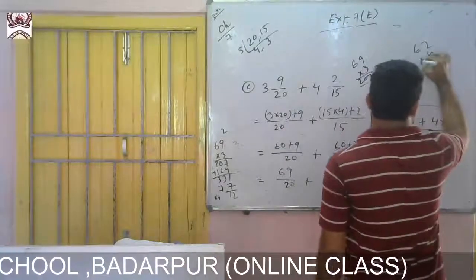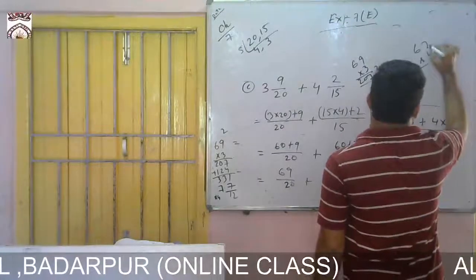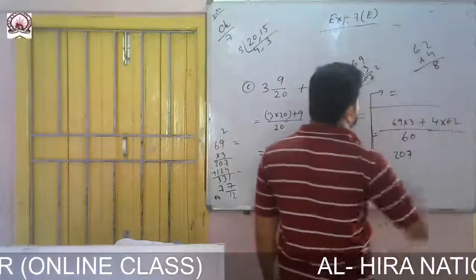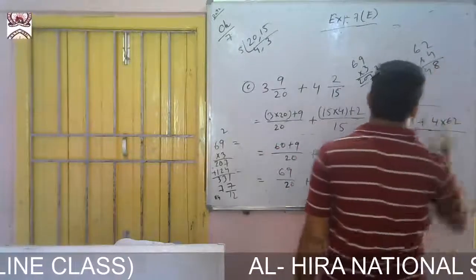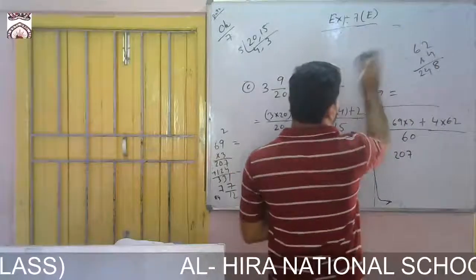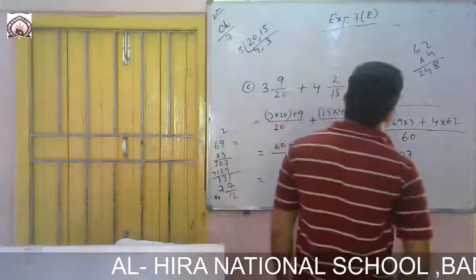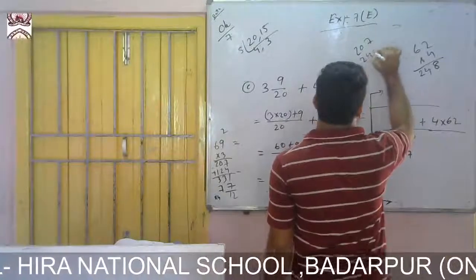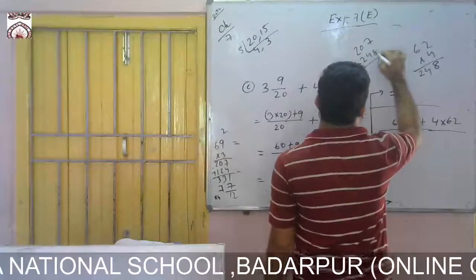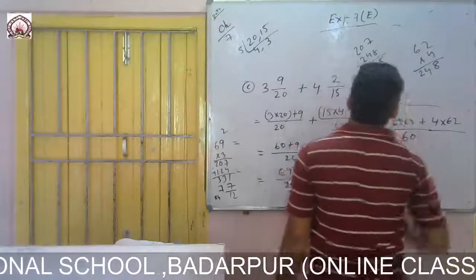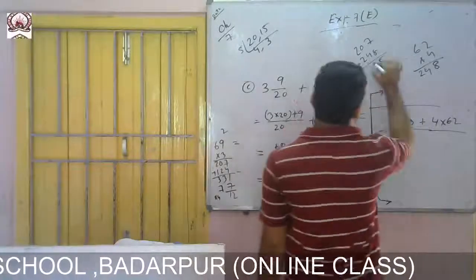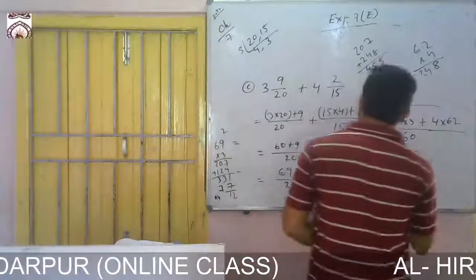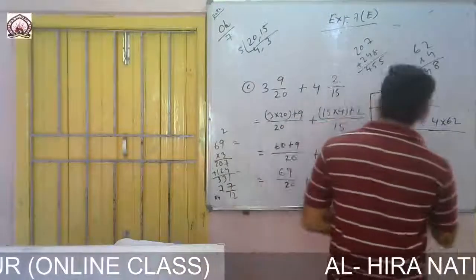So with 4 2 are 62 into 4 2 are 8, 248. Okay, it is coming what? 248. But 207 248. Add it. 455. Okay, 455 is coming what?